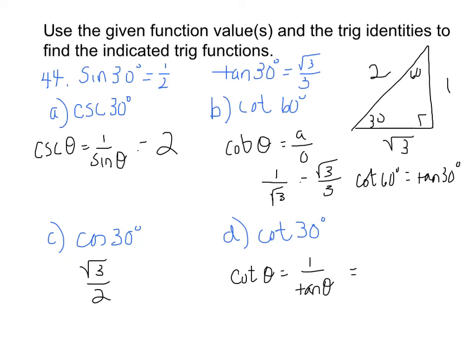And so I have 1 over, so that's going to be 3 over the square root of 3, which rationalized is 3 square root of 3 over 3, which is just the square root of 3. So what we're doing is we're getting more and more tools and properties that we can use to form new relationships with the trig functions based on what we know about them.